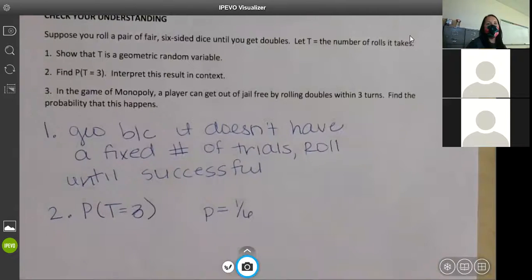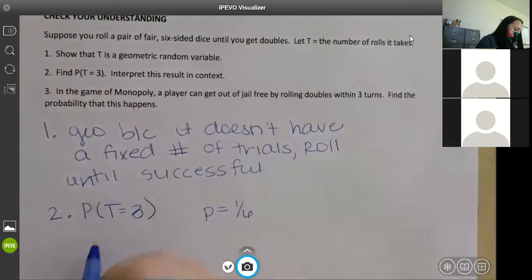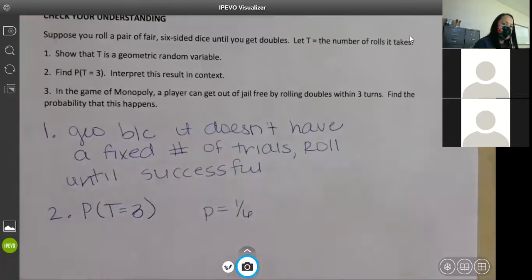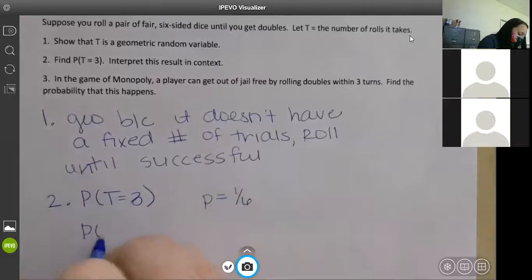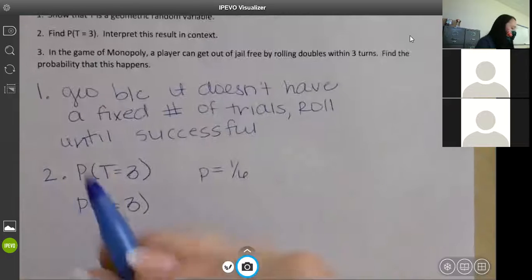Very good. So we said that this was geometric because we keep going. We can do this 2 ways. I'm going to show you by hand because this one's little, and then I'll show you by calculator.